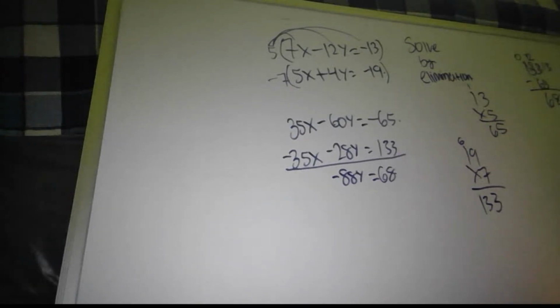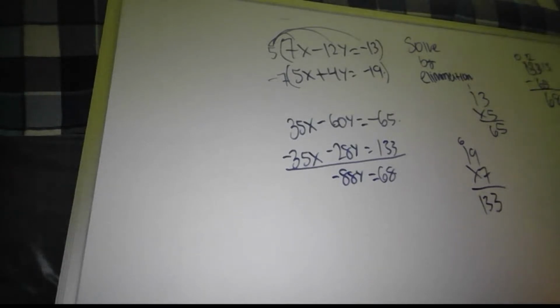Right, that's what I thought. It is going to be a, that's strange. Hold on. 7x minus 12y equals negative 13, 5x plus 4y equals negative 19.